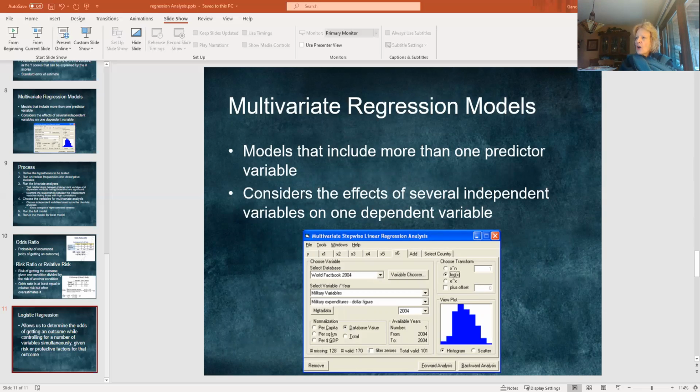So we can also then look at multivariate regression models, models that include more than one predictor variable. And it considers the effects of several independent variables on one dependent variable.